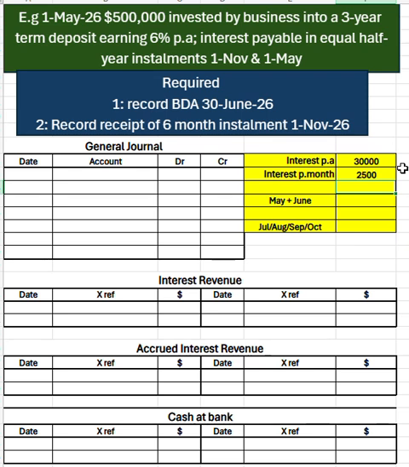of interest per month. Now, we deposited the funds on the 1st of May, and our balance date is 30th of June, so therefore we're going to accrue 2 months' interest by balance day. So we just need to multiply our interest per month times 2, and that's how much we are accruing. So we're going to do a debit for 5,000, and we're going to do a credit for 5,000.